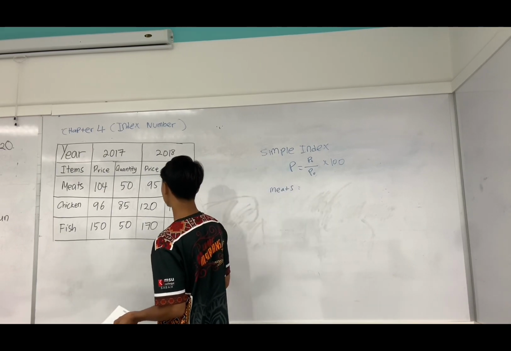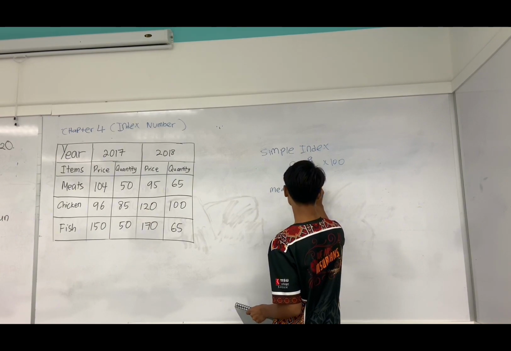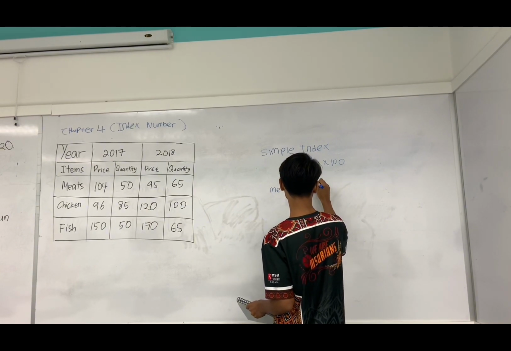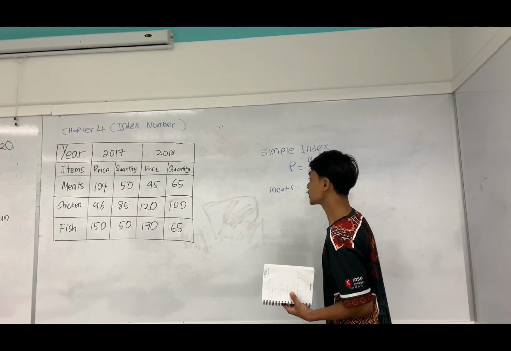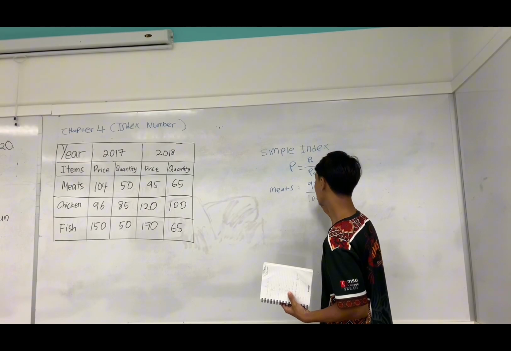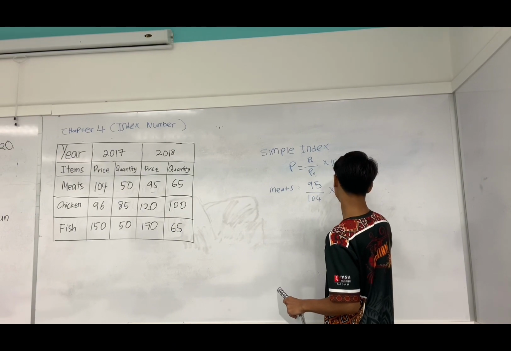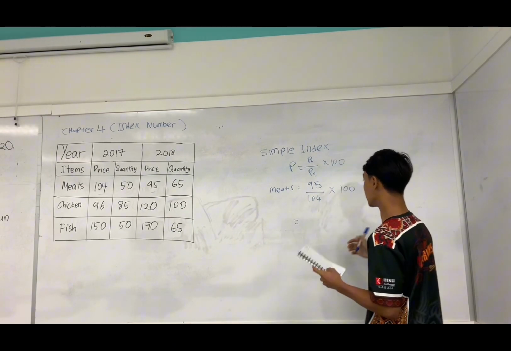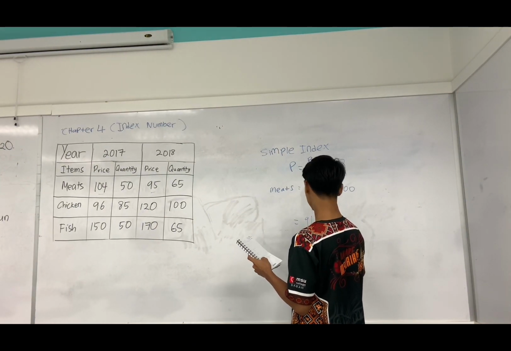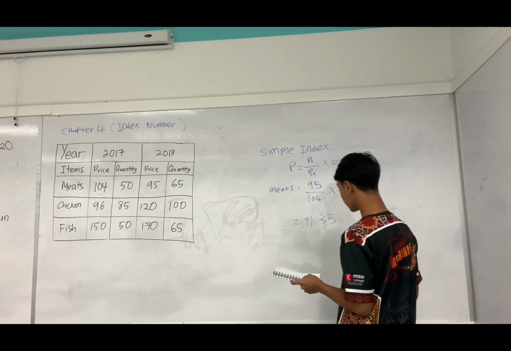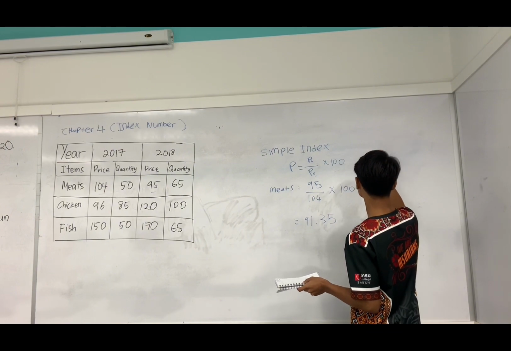So for meat, the current price is 95 over the previous price, 104, multiplied by 100. So we can get 91.35 from it. Next, chicken.